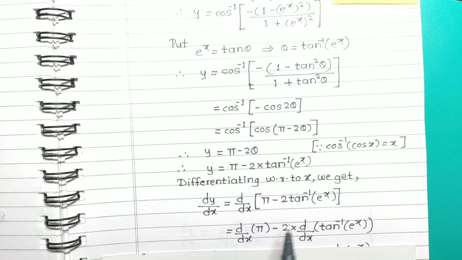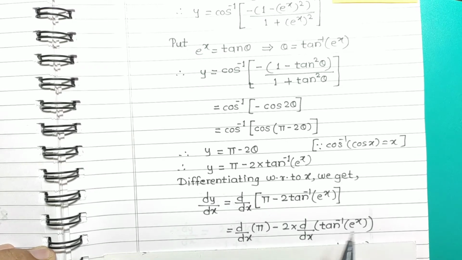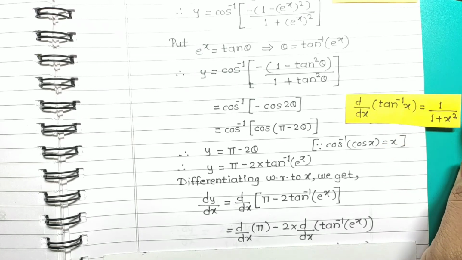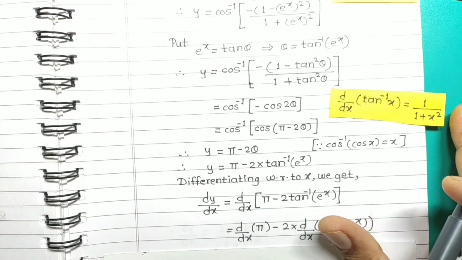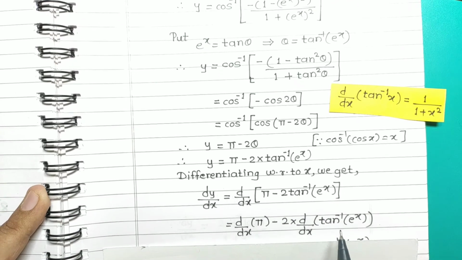So separating these derivatives, d by dx of pi minus 2 constant into derivative of tan inverse of e raised to x. Here you note that it is a composite function. So we have to treat it as tan inverse of something, and we have standard result for derivative of tan inverse x. It is 1 upon 1 plus x square. So using this standard formula, let's treat this function as tan inverse of something.